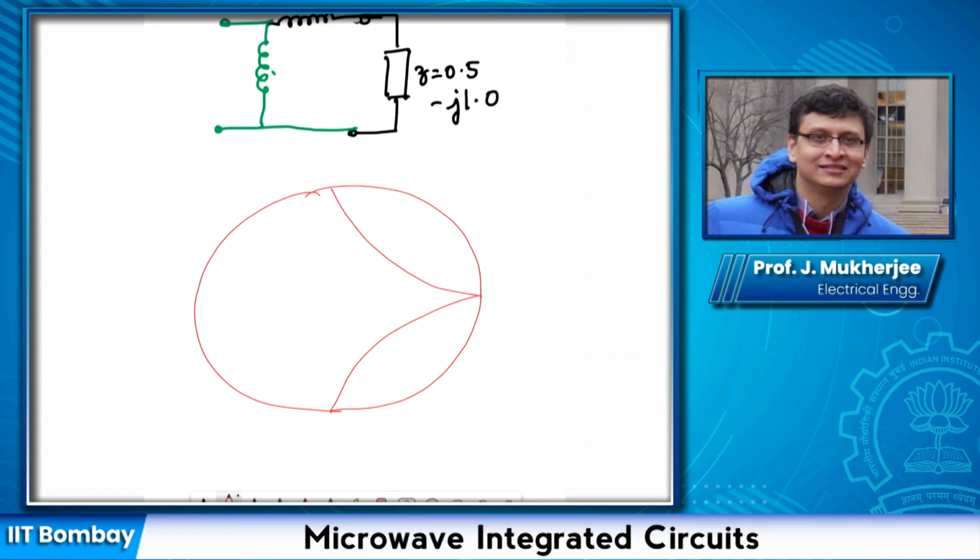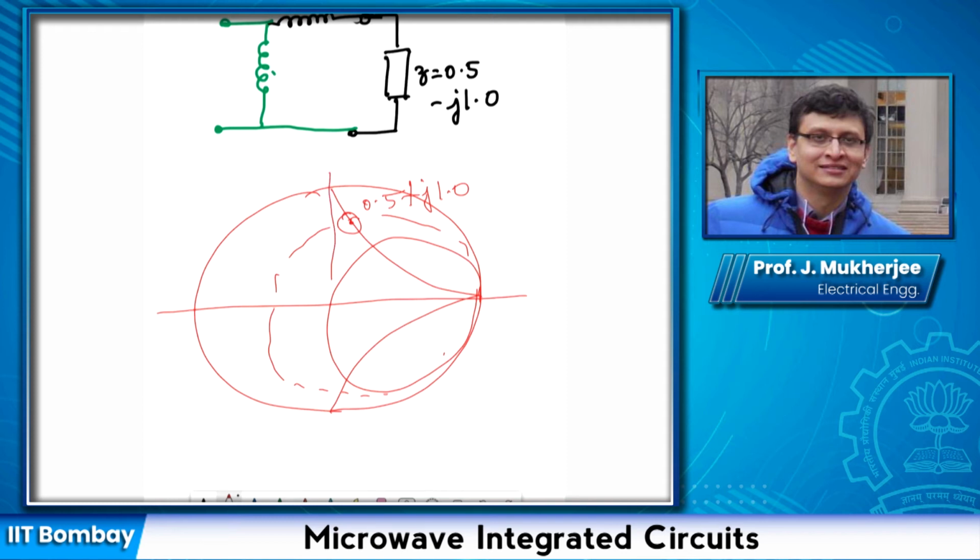Okay, so again this is our Smith chart. Say we have a point here, so this is 0.5 plus j 1.0, and again I have to bring it to the origin, this point.